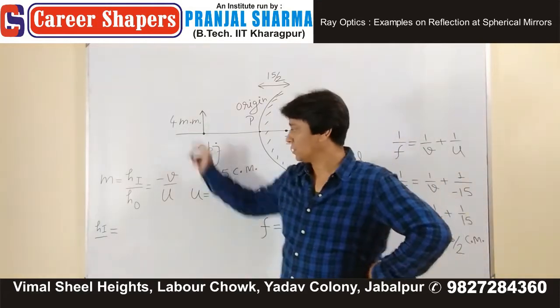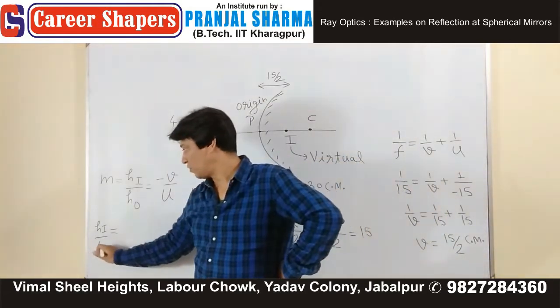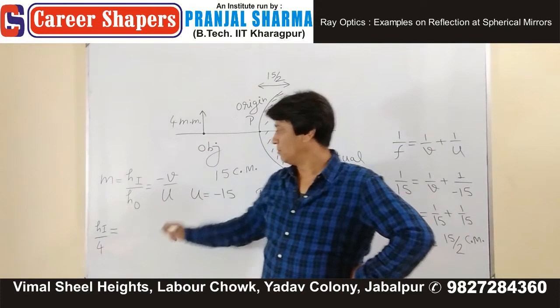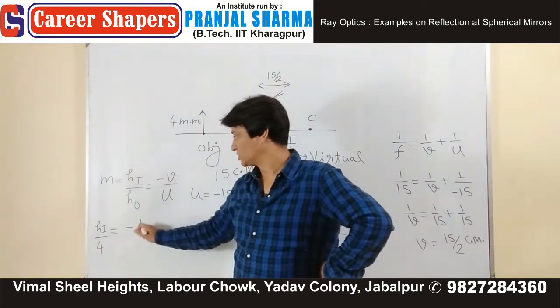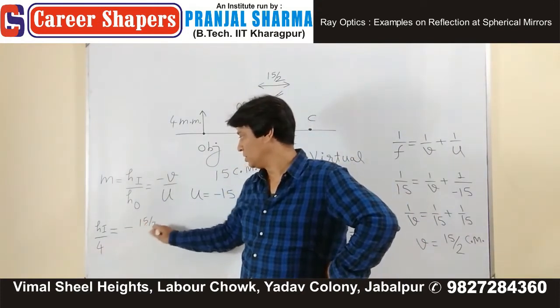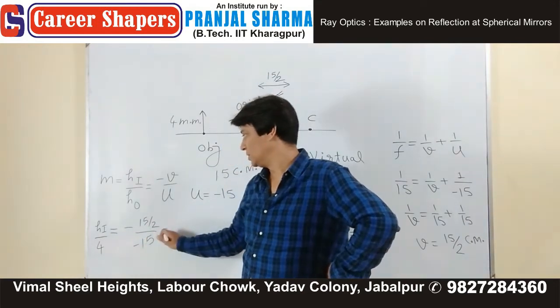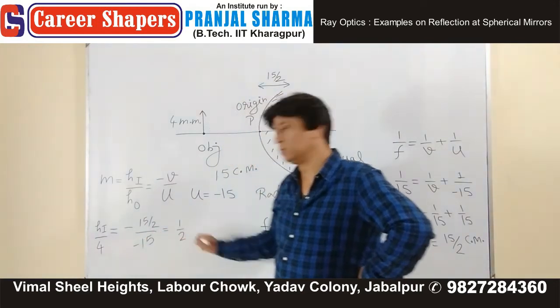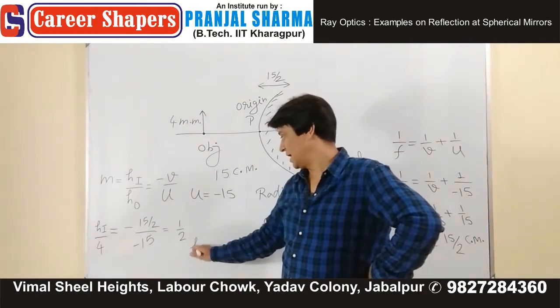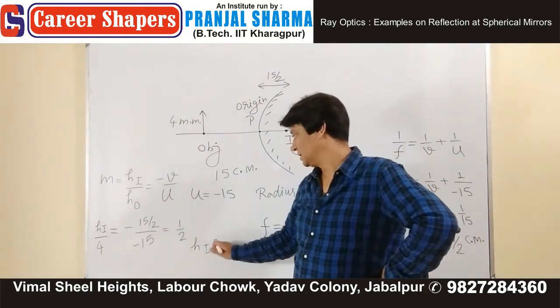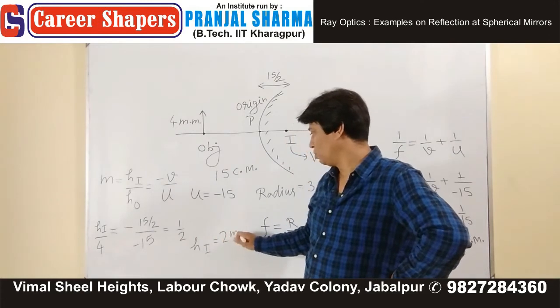And therefore, this is 4 millimeter times minus of V, which is 15 by 2, divided by U. This is 1 by 2. HI is coming 2 mm.